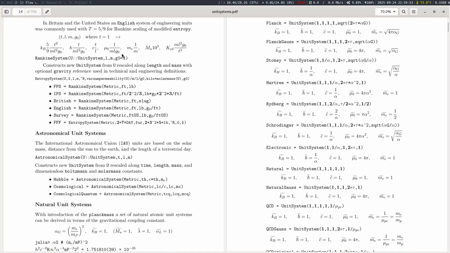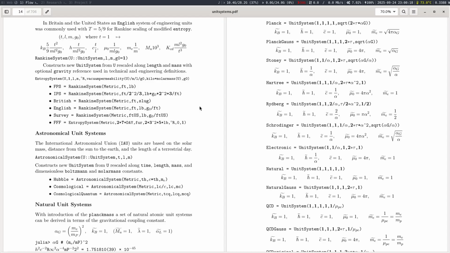In Britain and the United States, an English system of engineering units was commonly used, with this temperature rescaling of 5/9 for Rankine, for the modified entropy. So this is just a modified entropy system, but a particular choice of temperature rescaling. So that's called Rankine system.